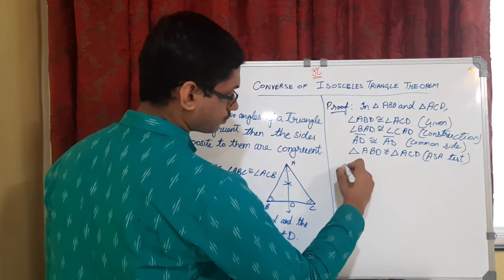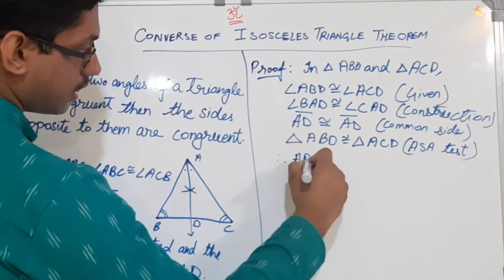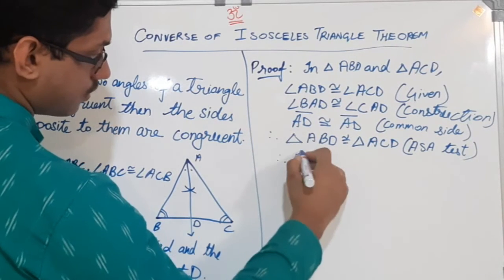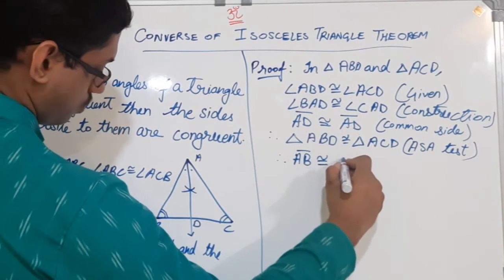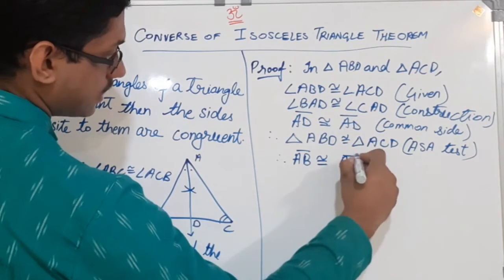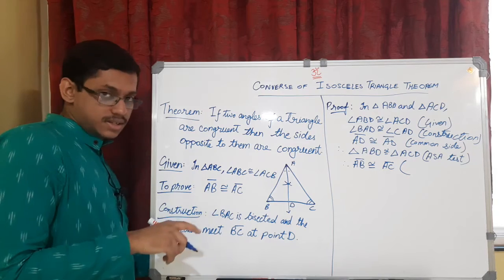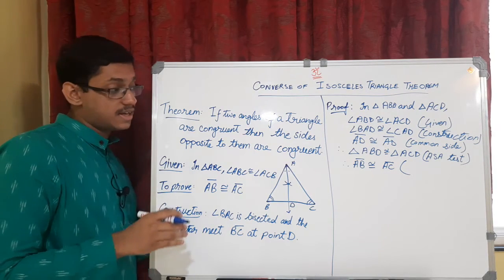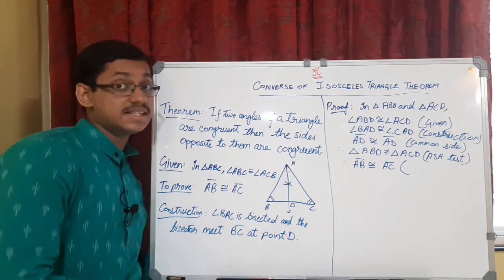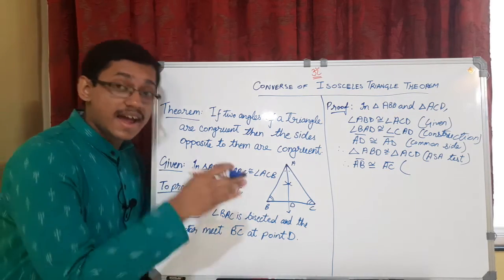So now what can we take out from that? Therefore AB is congruent to AC by, in the previous few minutes we saw corresponding angles of congruent triangles.